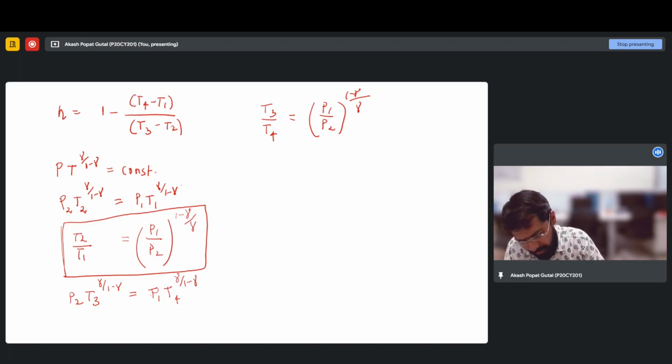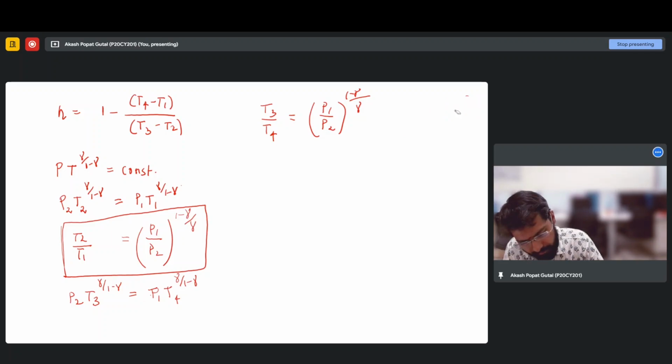I think it should be gamma minus 1. The PV relation is PV to the gamma is constant. PV is equal to nRT, which gives V is equal to T by P. So T by P, if you take that, then 1 minus gamma. Yeah, right.